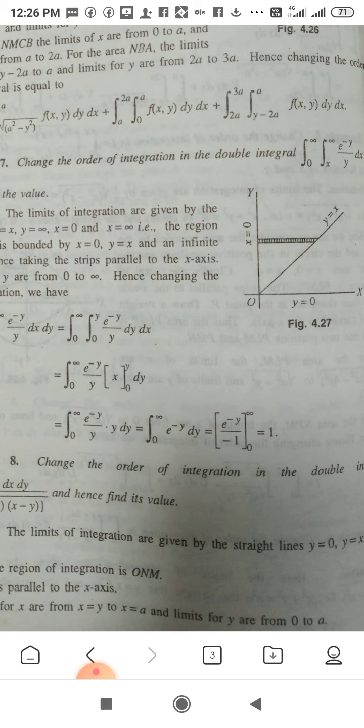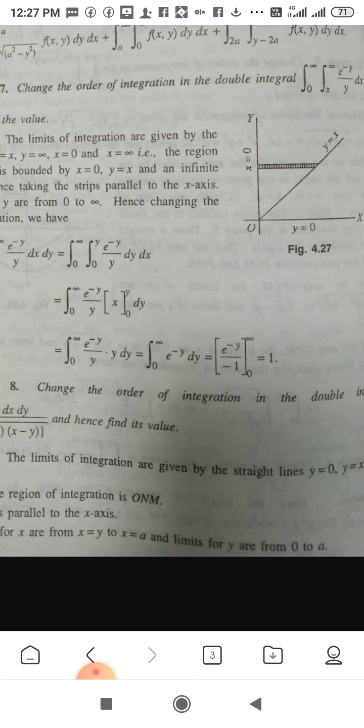First of all, integrating with respect to x, we get e to the power minus y upon y into x, and when we substitute the lower and upper limits, at the place of x we put y, then it becomes y, and putting 0, it becomes 0, so y minus 0 is again y.